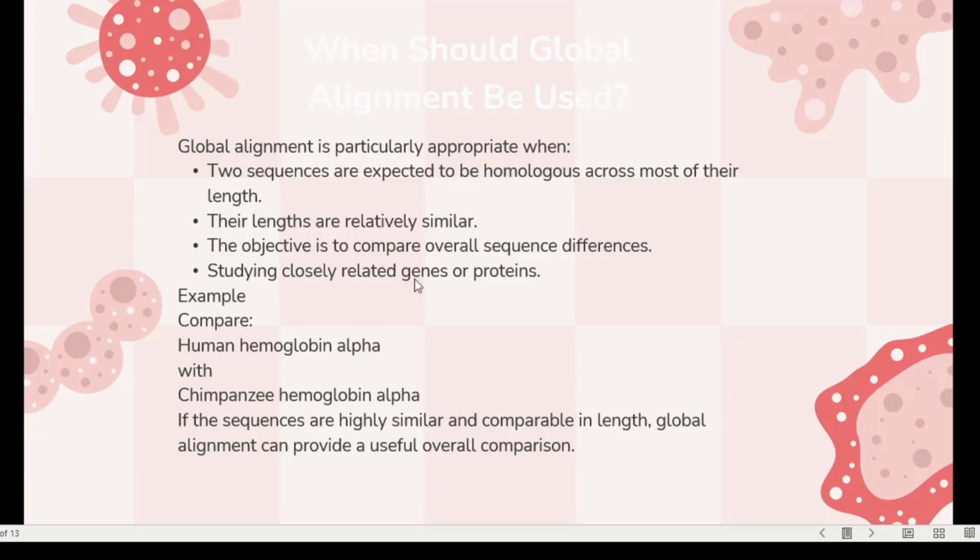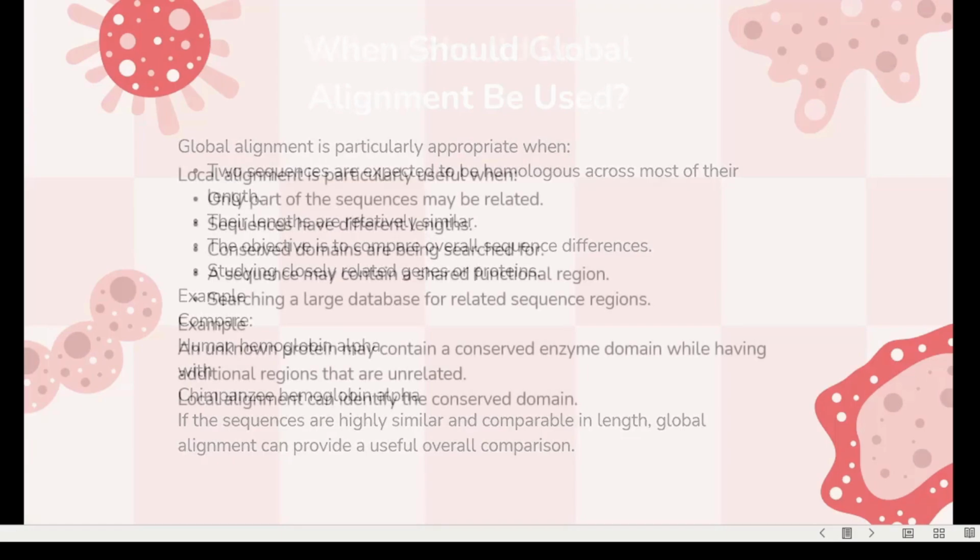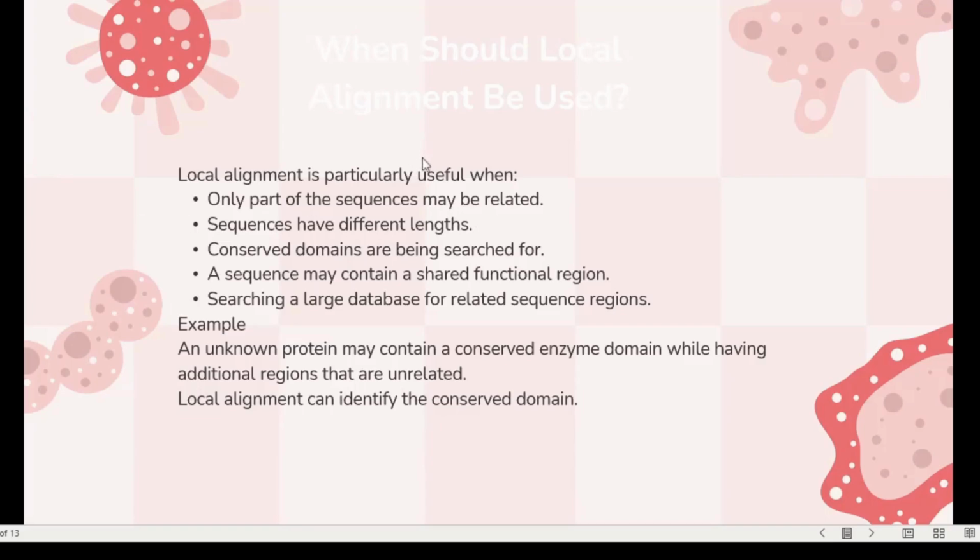So, if you know your sequence belongs to this protein, to this species, and you want to check against the sequence of another species of the same protein, then you can use the global alignment. Now, when should local alignment be used?